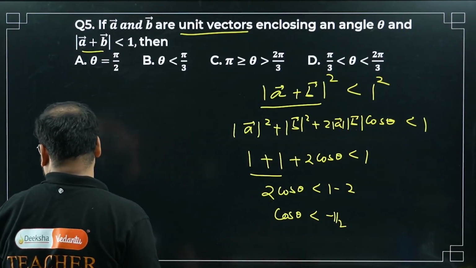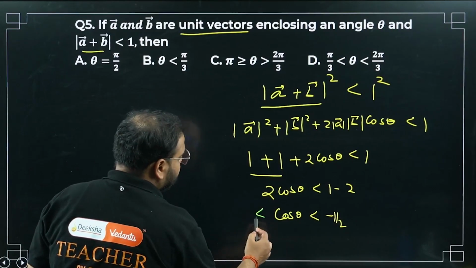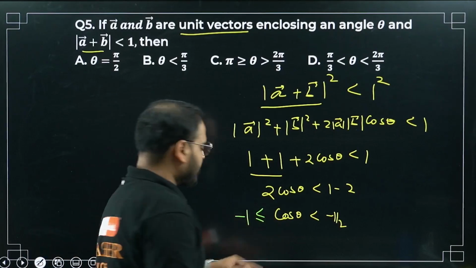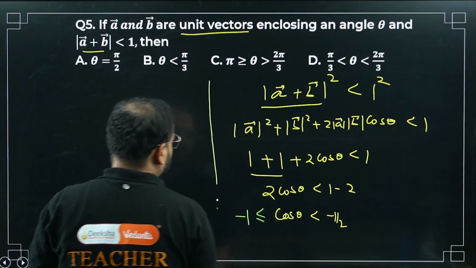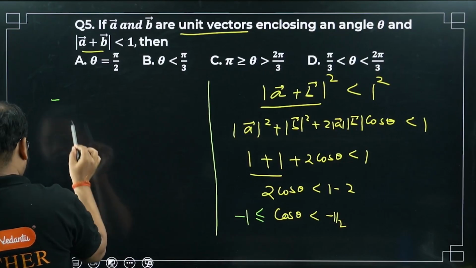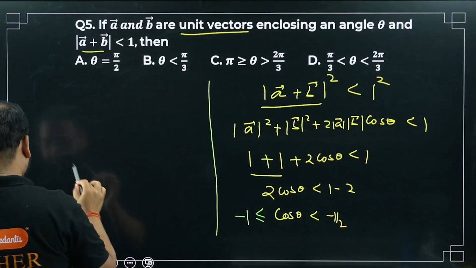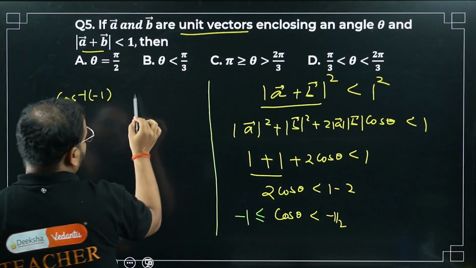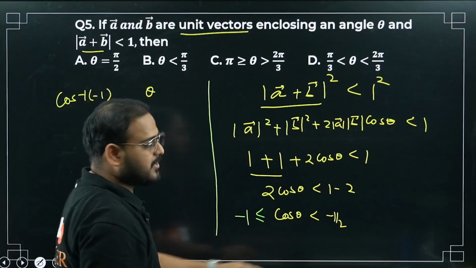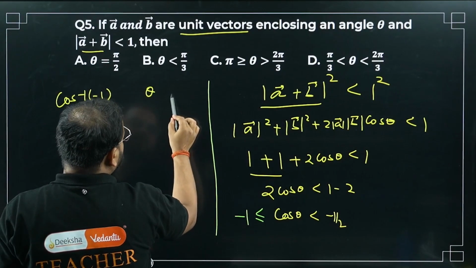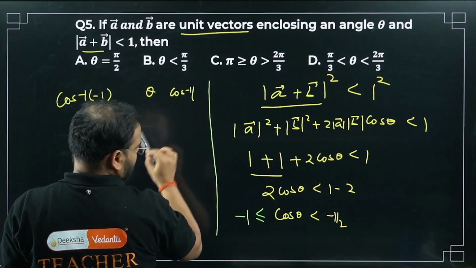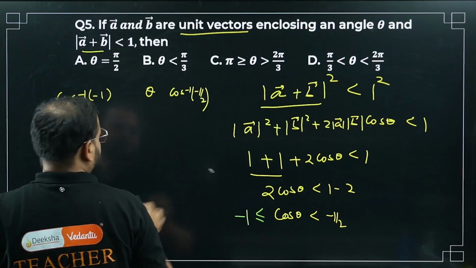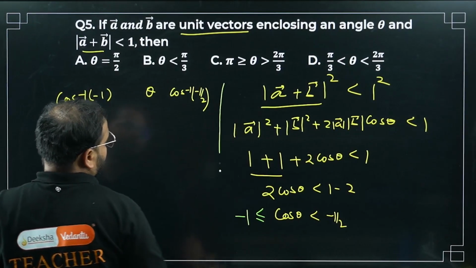But we know that the range of cos theta is always greater than or equal to minus 1. It cannot go beyond minus 1. Now apply cos inverse. Cos inverse of minus 1 will become theta, because cos inverse of cos theta is simply theta, and cos inverse of minus 1 by 2 on the other side.